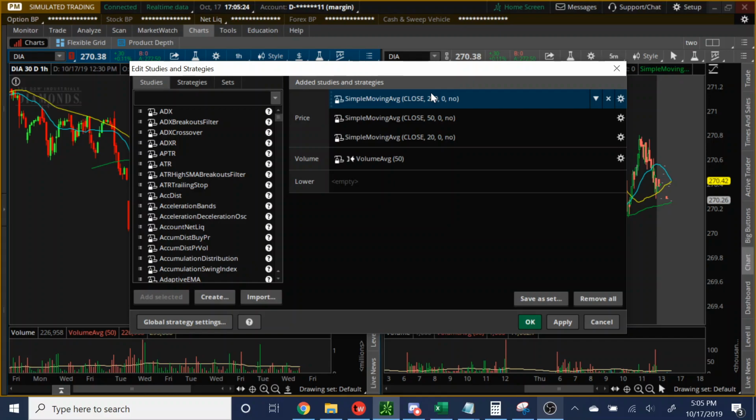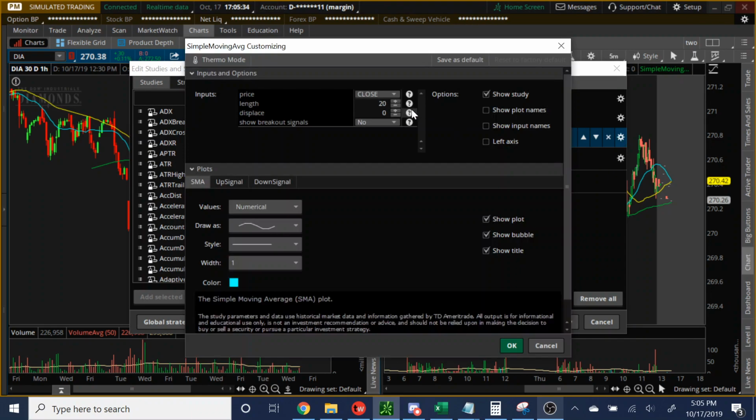They're used by many traders, and they give you a good picture of what the trend is without really cluttering things. And so if you go into the settings here, this is where you change the length. You can change the color, whatever you want. I wouldn't mess around with anything else on this.